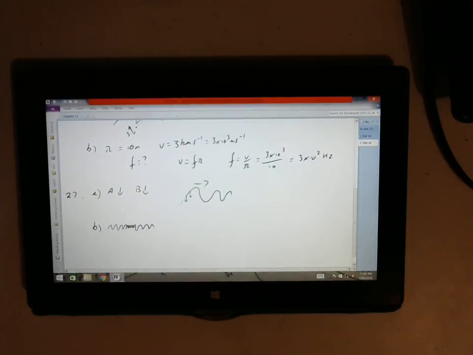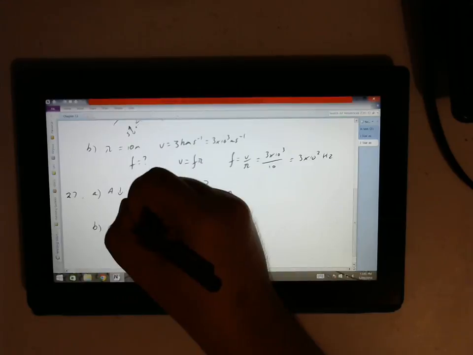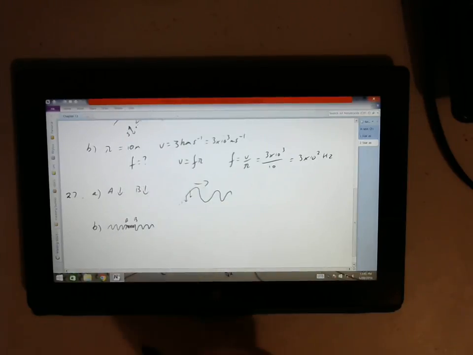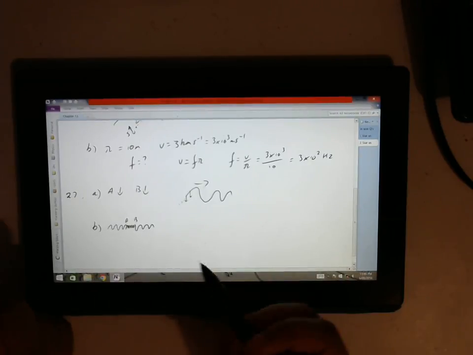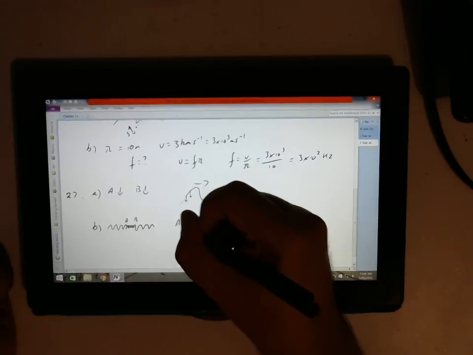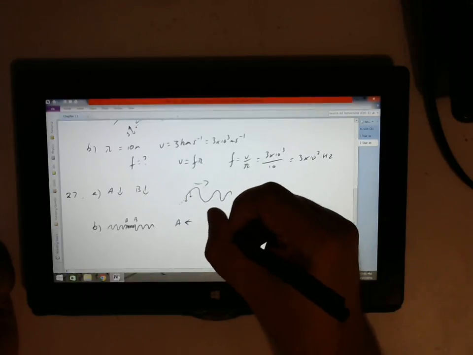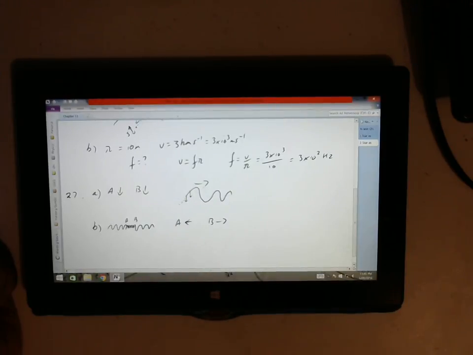It's very hard to draw these waves. So point A here, point B here. So this point at the moment is squished together. So the next thing that's going to happen is it's going to spread apart. So if we assume that, then A must move to the left, and B must move to the right.